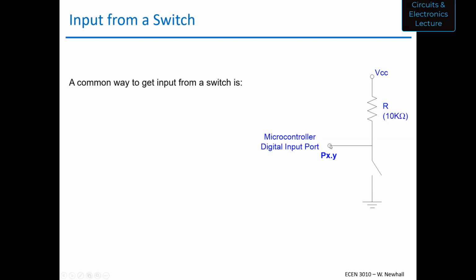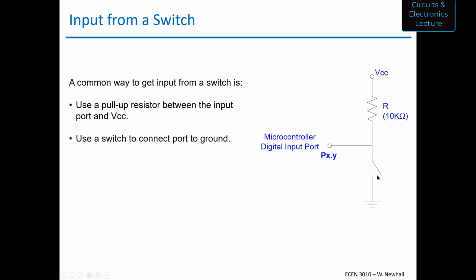The common way is to use a pull-up resistor so that this node is always pulled high, because very little current goes into the microcontroller input. So this node would be at VCC until the switch closes. When the switch closes, it connects that pin to ground, and the input value goes low. So this is a common way to do that.